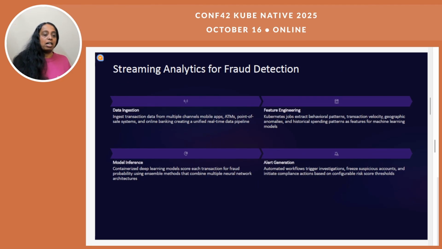Another use case that we have is streaming analytics for fraud detection. Now, real time fraud detection requires processing millions of transactions per second while identifying subtle patterns that indicate fraudulent activity. Streaming analytics can leverage event driven architecture and Kubernetes to create a resilient, scalable fraud prevention system.